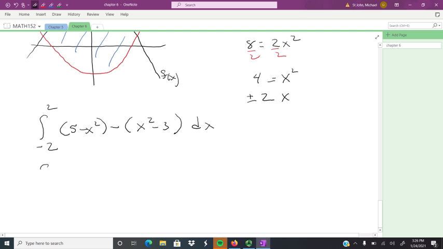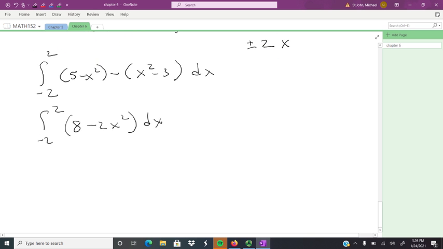So we can sort of simplify this. So 5 minus a minus 3, this is going to be 8. Minus x squared minus another x squared will be minus 2x squared. And so now we can integrate. So this is going to be 8x minus 2x cubed over 3, evaluated from negative 2 to positive 2.